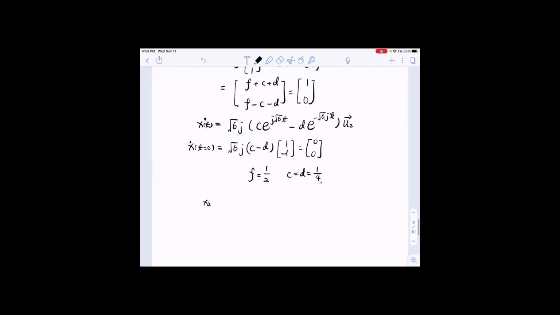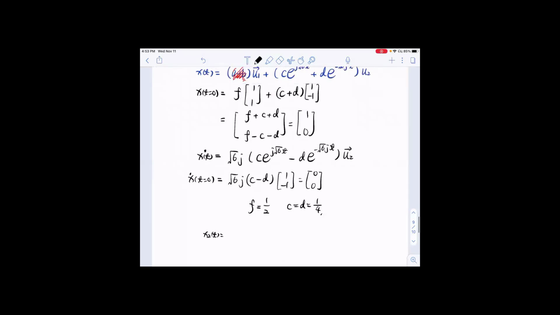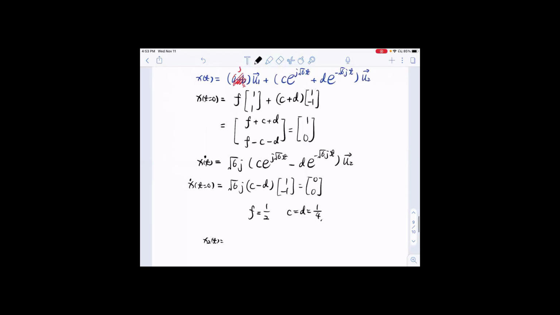Remember, your x2 is just the second entry in your x solution. That is half u1 times 1/4 e^(j√6 t) plus e^(-j√6 t), and then that's actually minus.